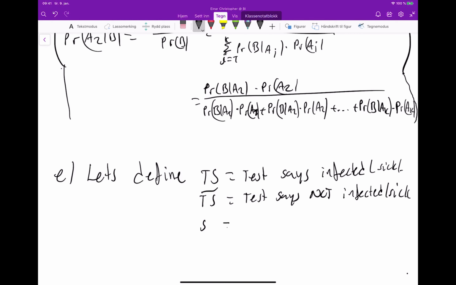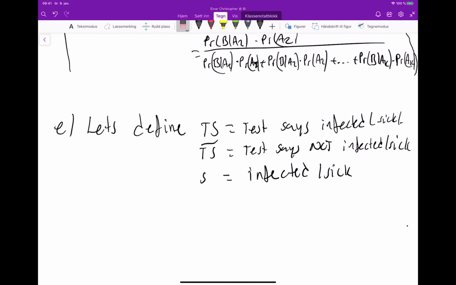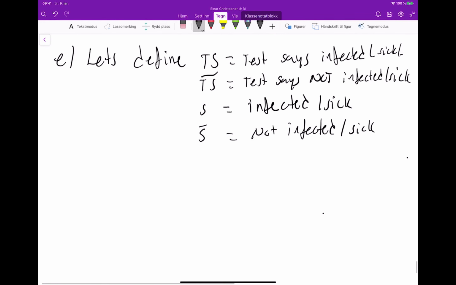And S is equal infected or sick. Many don't get sick then, so. And not sick, not infected, S bar, so that's not infected. We have to denote these events. You could use other notation if you want, but now we use this one.